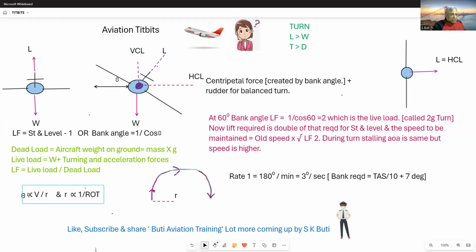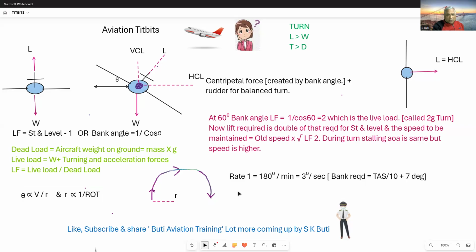Now, bank angle theta, the true airspeed of the aircraft and radius of turn are interrelated. If you are on a constant bank angle theta, if you increase the true airspeed, your radius R will also increase. If the radius increases, the rate of turn will decrease.